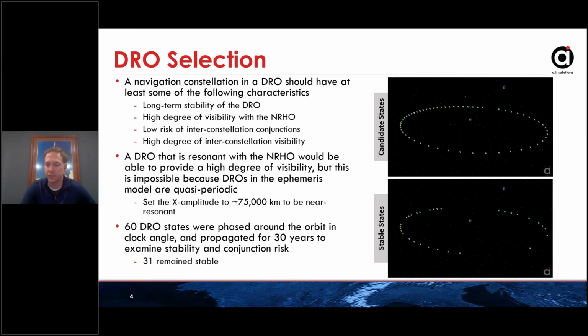And from selecting these candidates, one of the other things I considered was the long-term visibility of the DRO candidates with each other, so that they could potentially be used for interconstellation ranging.